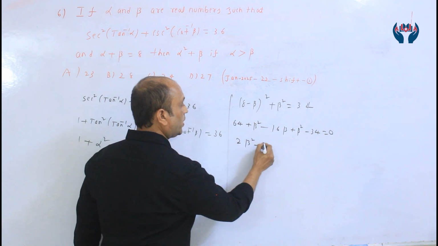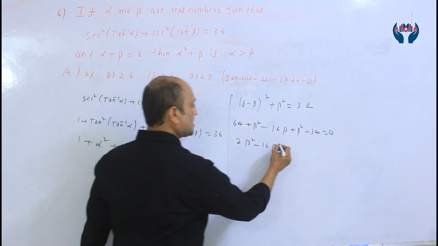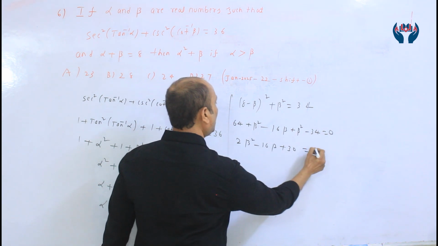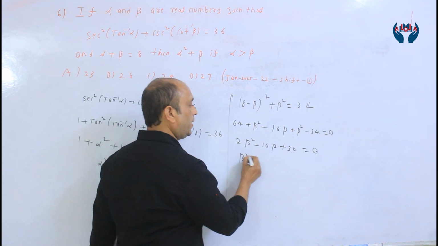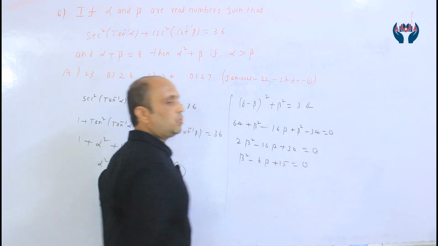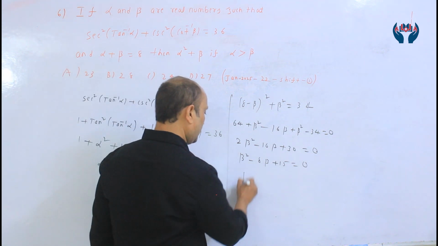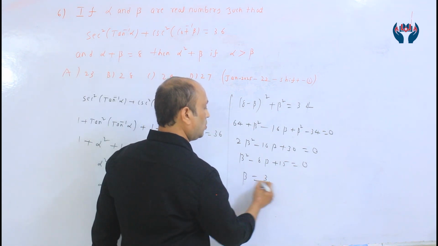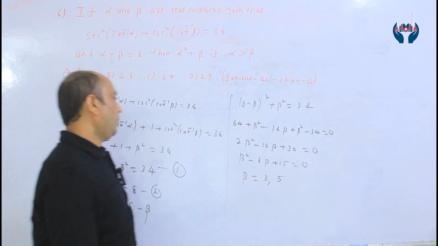So 2 beta square minus 16 beta plus 30 equal to 0. Take 2 common: beta square minus 8 beta plus 15 equal to 0. Now take the factors, 3 and 5. So we get beta equal to 3 comma 5.